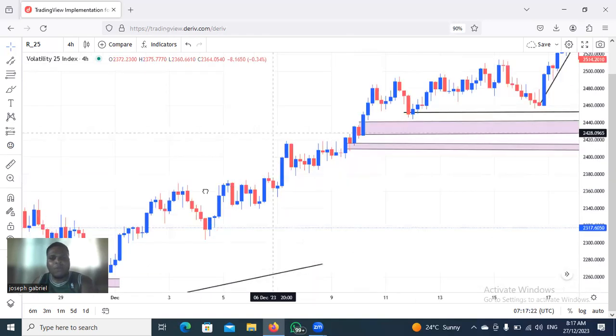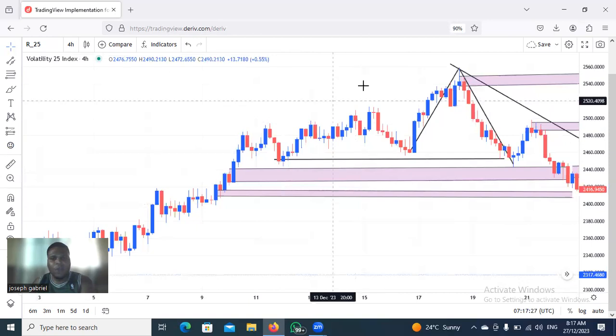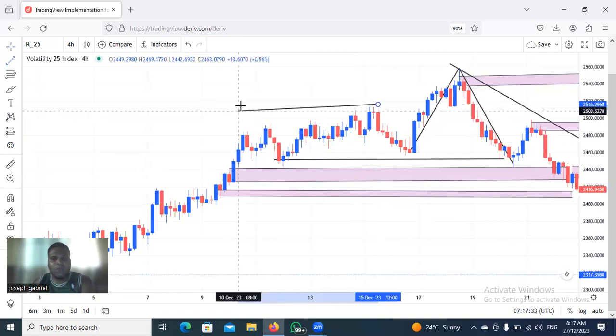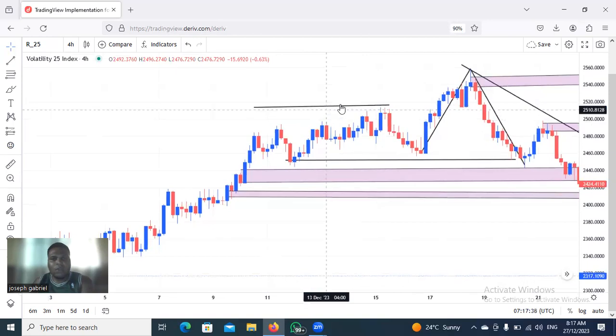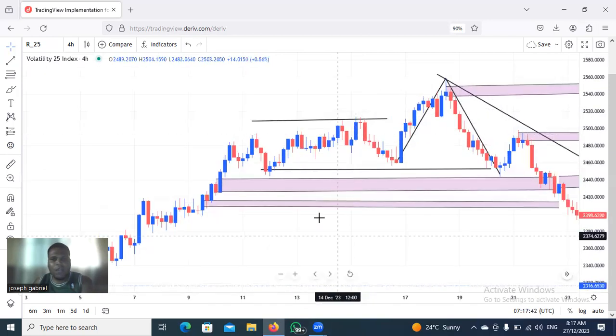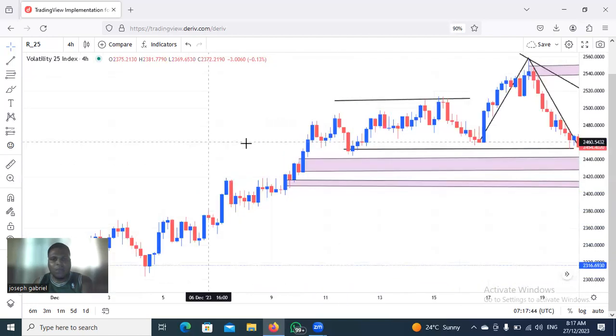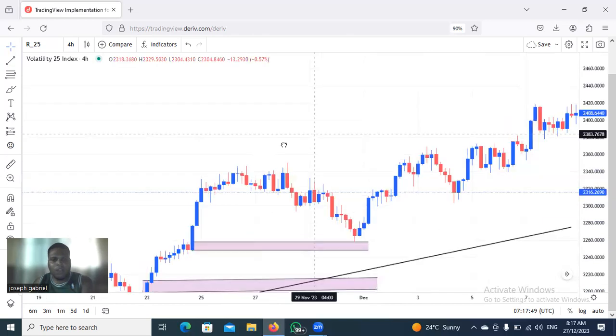Here is an example of price taking out liquidity. We see price took out this liquidity level on the left side, and after price took out liquidity, see how the market started dropping. That is what I'm talking about.